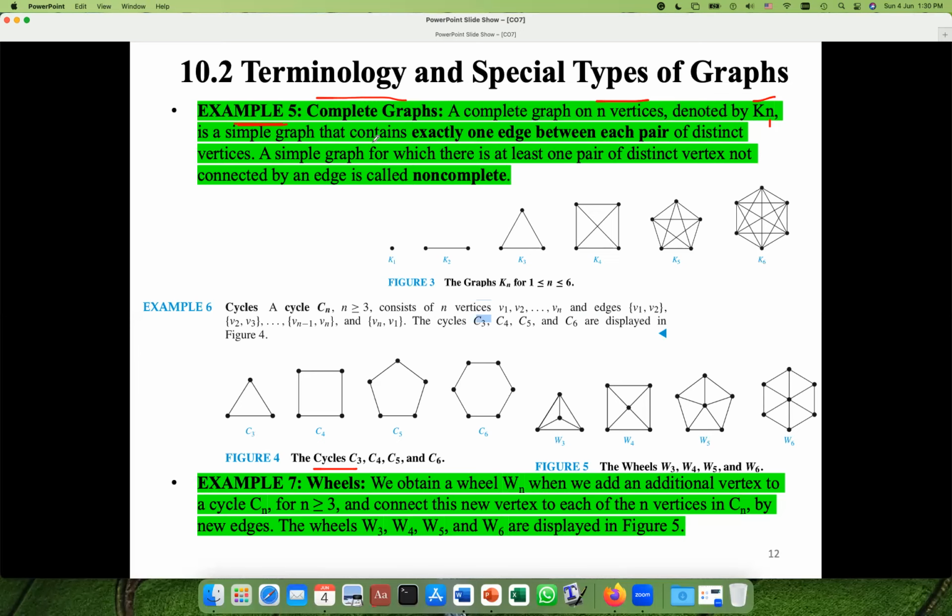And then it will contain exactly one edge between each pair of different vertices. For example, these are two different vertices, so this is a pair. It will contain exactly one edge, which means no multiple paths, nothing else. I cannot draw another edge here. That is not allowed.